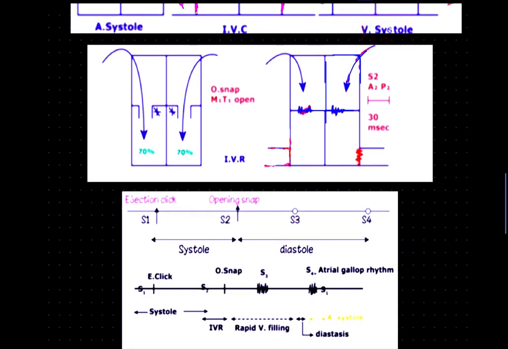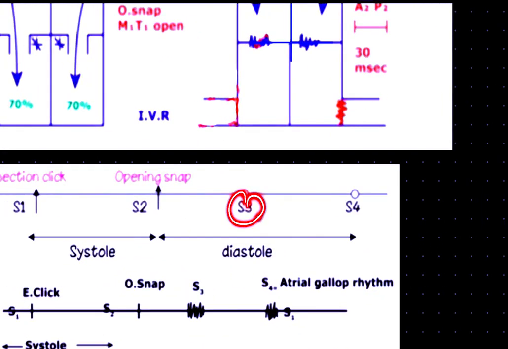So this S3 is also called ventricular gallop rhythm. It is heard mainly when the heart is in the rapid ventricular filling phase, during the time of high turbulence. So S3 is heard in such a condition.